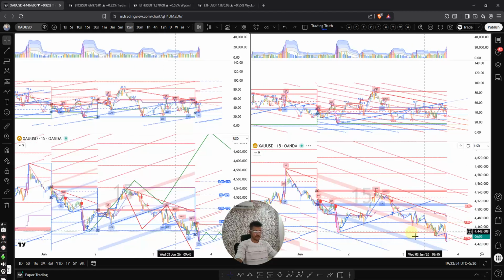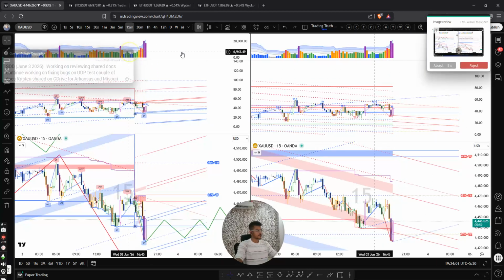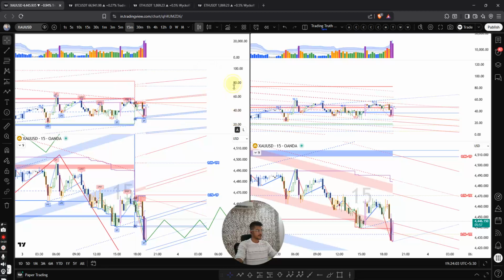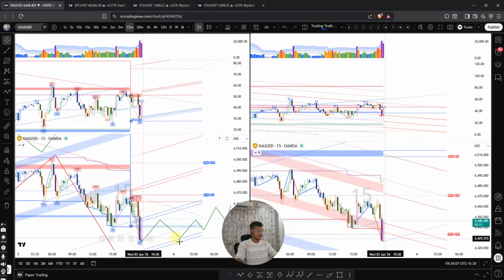This is really good though. Very strong volume coming in, you know, on RSI, the market is near 28, 30.